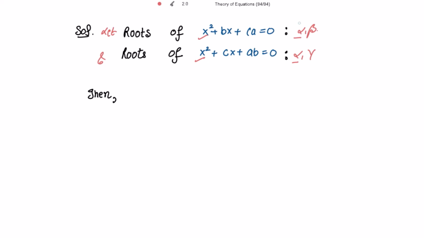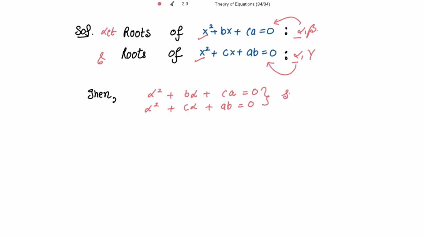Then alpha is the root of the first equation, so we get alpha square plus b into alpha plus c into a equal to 0. And also putting alpha into the second equation, we get alpha square plus c alpha plus ab equal to 0.